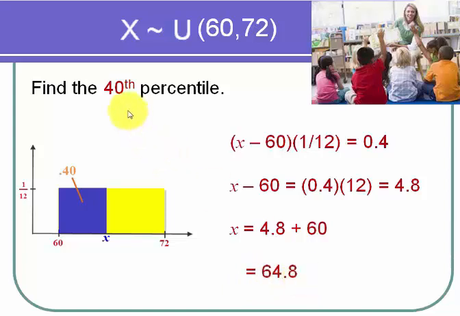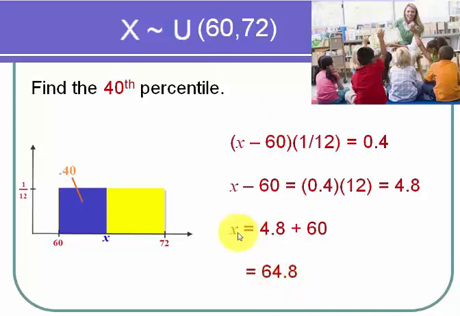So the 40th percentile is 64.8. And that makes some sense: if children in kindergarten are between 60 months and 72 months old, the 40th percentile might be around 64.8 months.